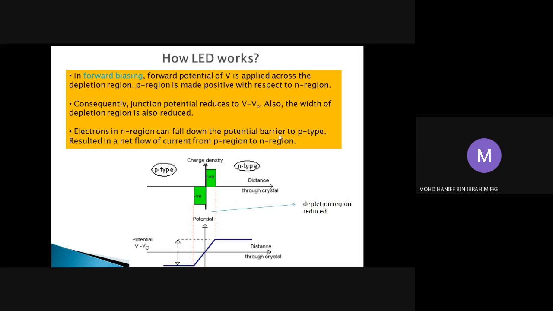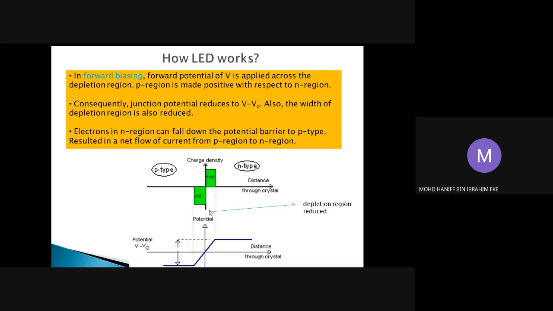Let's assume there is a potential V applied across the depletion region. The effect is that the potential at the depletion region is reduced to a value of V minus V naught, and due to this reduction of potential at the junction, the width of the depletion region will be reduced.